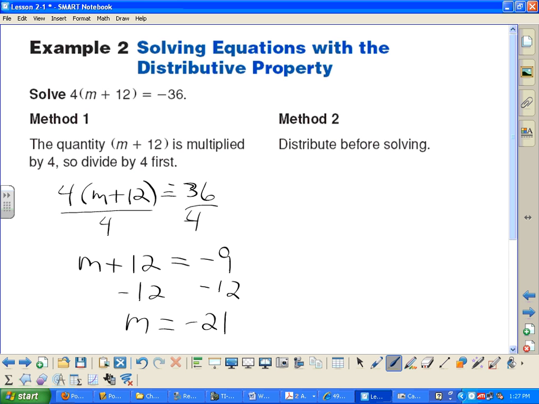All right, if we do the second method, distribute first, then we will get 4m plus 48 equals negative 36. So we multiplied everything by 4 to begin with. And then here's the problem that you've seen many times before. So we'll subtract 48 from both sides.